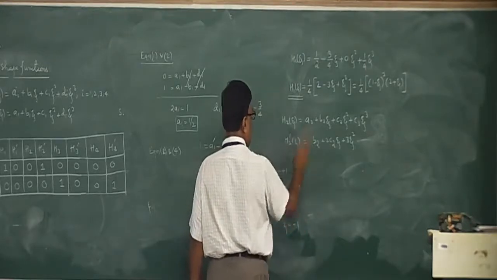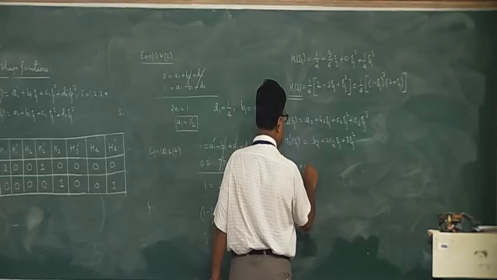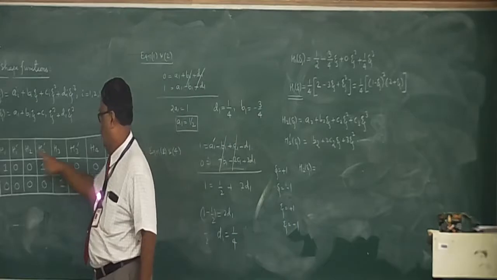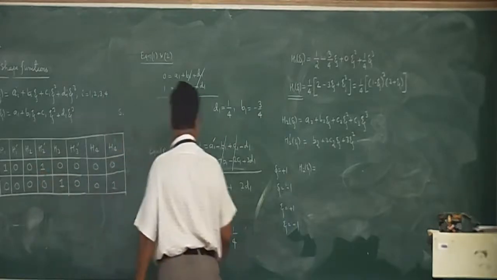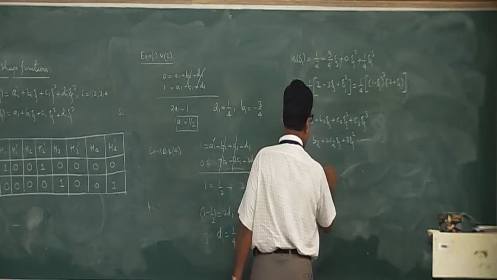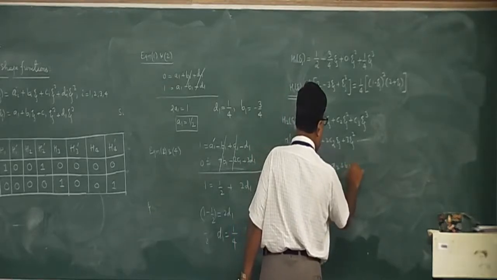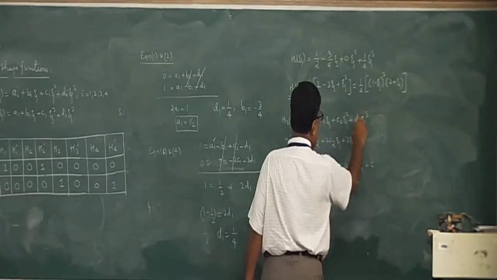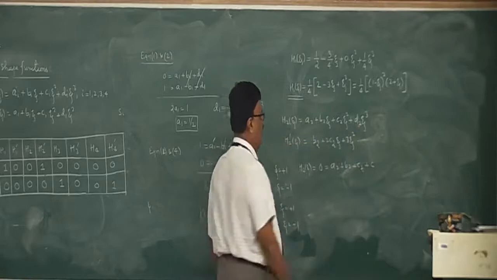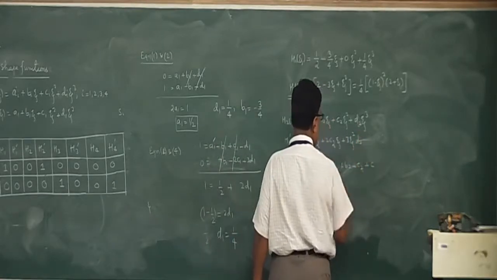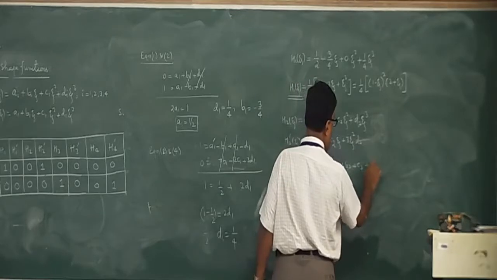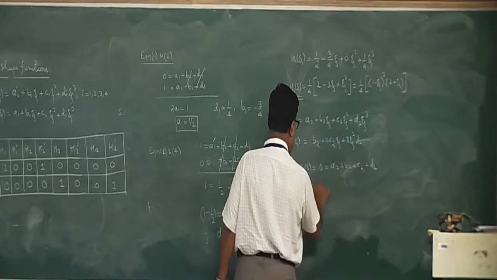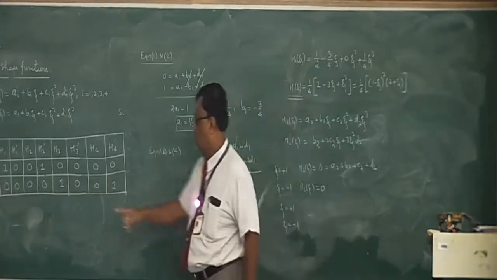First you put these two in this equation, that is h2 of zeta. Look here, h2 of zeta at zeta equal to 1, this is 0. So therefore 0 is equal to a2 plus b2 plus c2 plus d2. And when you put h2 of zeta at zeta equal to minus 1, again it is 0.